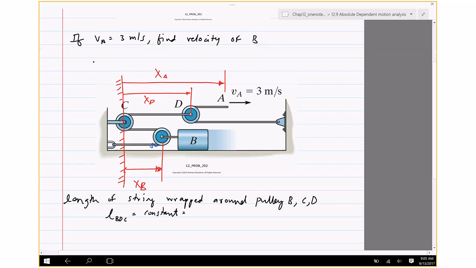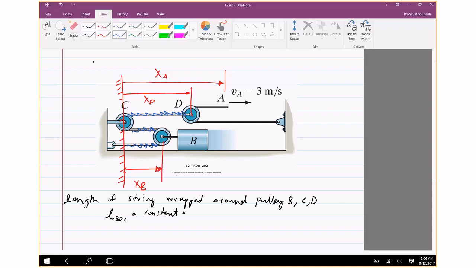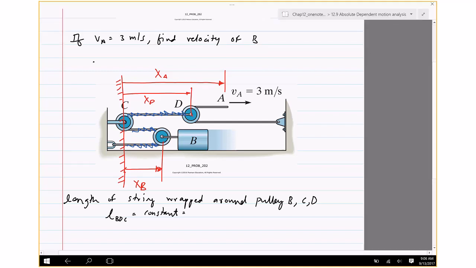I need this length, and I need this length. So that is twice XB plus XD. I think that's about it.